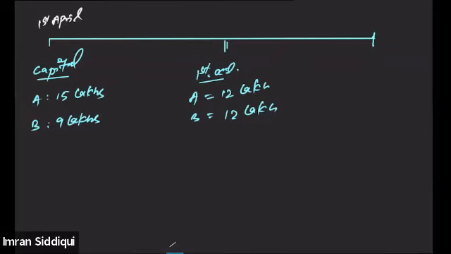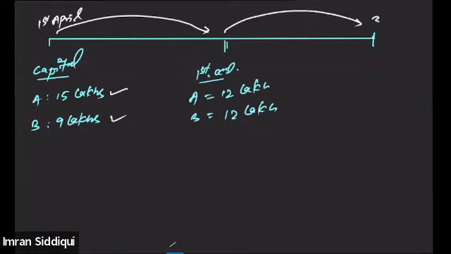Starting from 1st of April till 30th September, both the partners have maintained a capital balance of 15 lakh and 9 lakh. Is that right? So they will be entitled to claim interest on this value of capital, yes or no? And from 1st of October onwards till the 31st of March, they will be getting the interest on capital upon this balance. Is that clear, everyone?